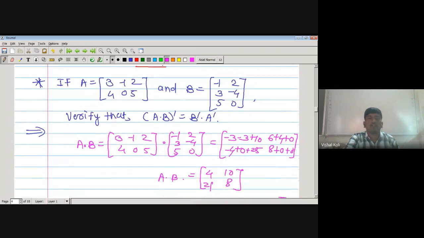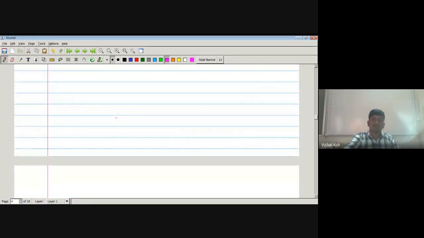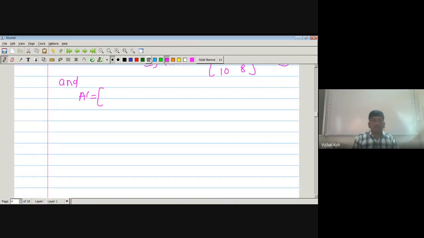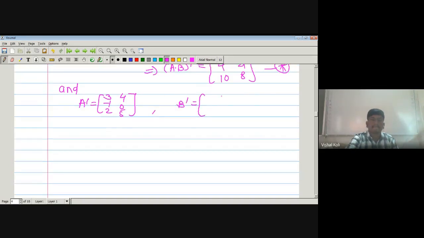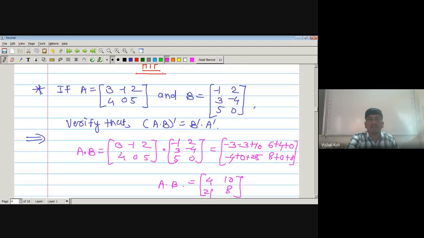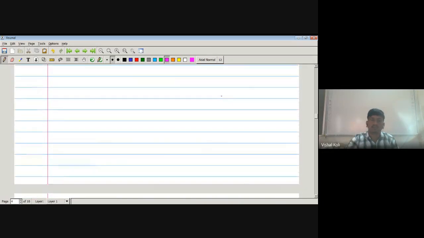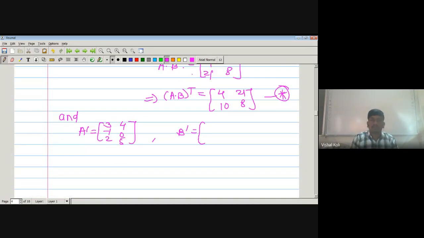Now we make the first row the first column, so 3 minus 1 2 and 4 0 5 as columns. This will be A transpose, and B transpose is equal to minus 1 3 5 and 2 minus 4 0 made into columns.